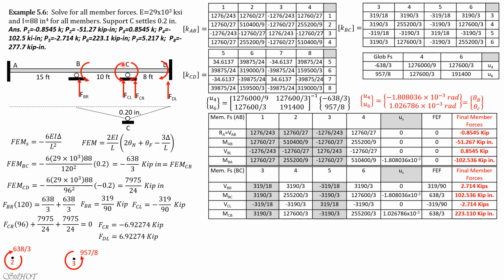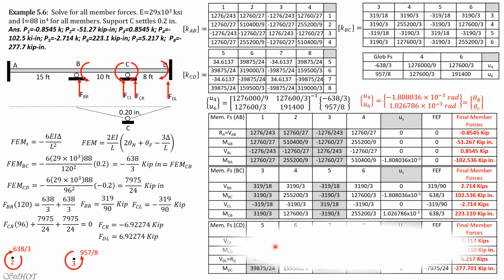At the other end, counterclockwise also 638 over 3, so positive. For FBR, it is 3190 over 90, FBR upward, and FC left, negative 3190 over 90. So that's why you get this value.